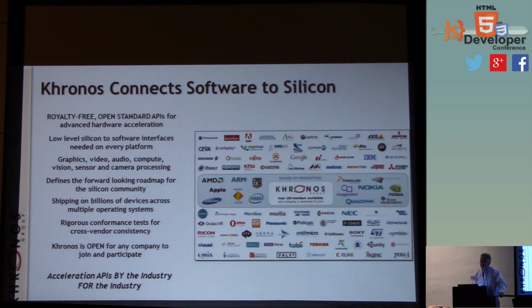The quorum of the Khronos membership is the silicon community. So this is where really the silicon community comes to figure out what the silicon roadmap is going to be over the next few years. But the more input and discussion we have with the software community whilst we're doing that, the better, because it means we can make sure that we meet the needs of the developer community.